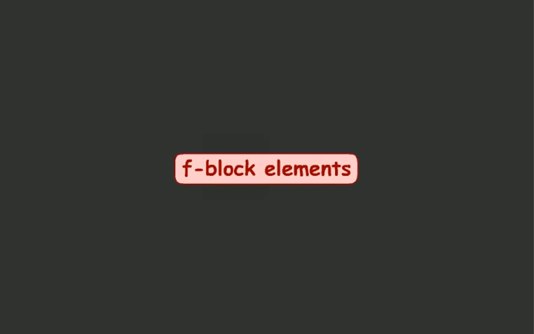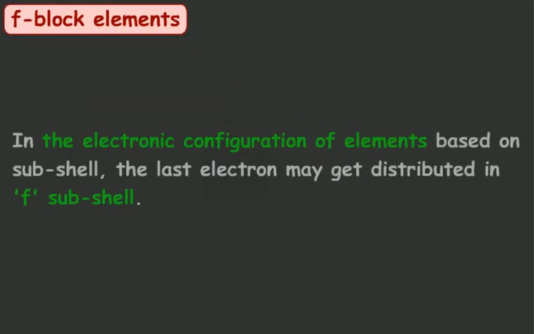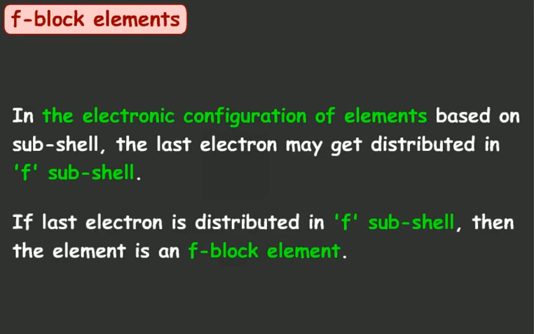F-block elements. In the electronic configuration of elements based on subshells, the last electron may get distributed in F subshell. If the last electron is distributed in F subshell, then the element is an F-block element.